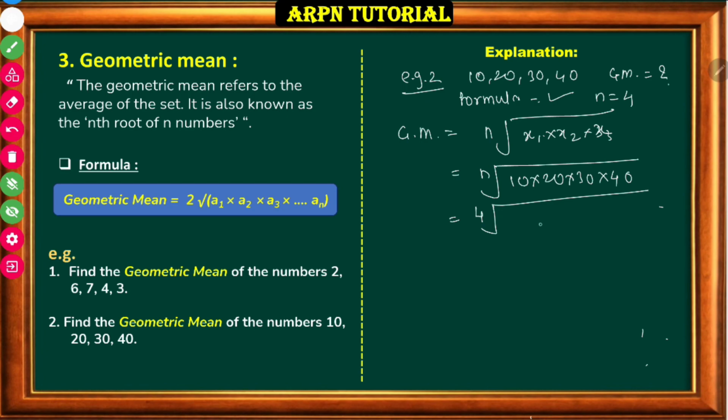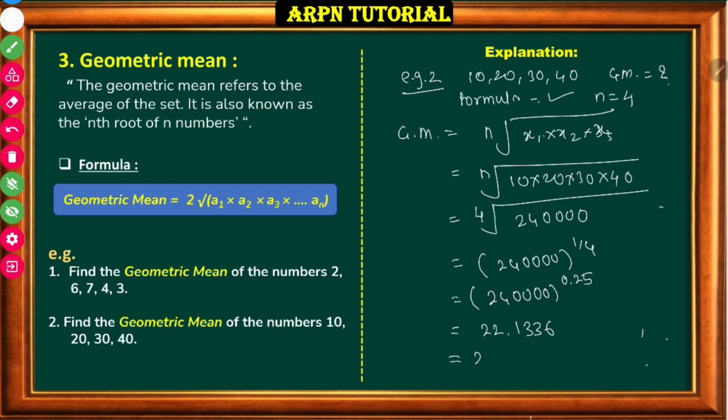Simply if you multiply it, you'll get this value, raised to 1/4, that is 0.25. If you calculate this completely, you'll get the value 22.1336. That is 22.134. That is the GM for example number 2.